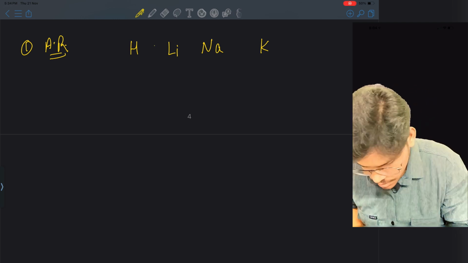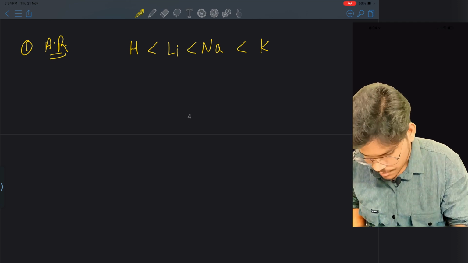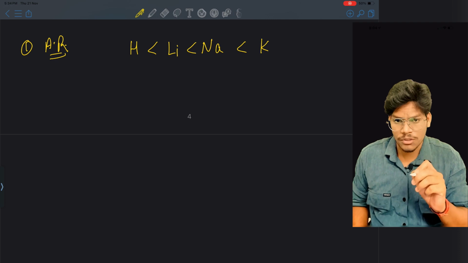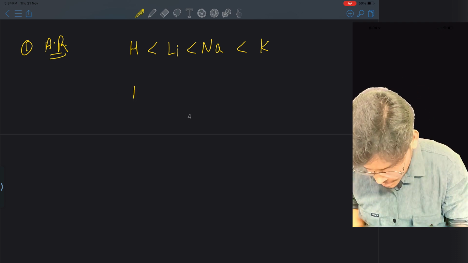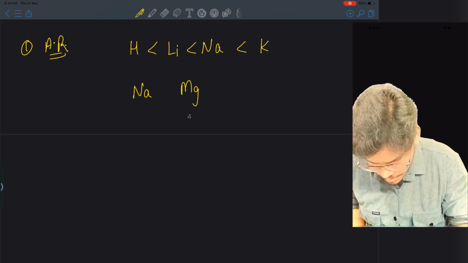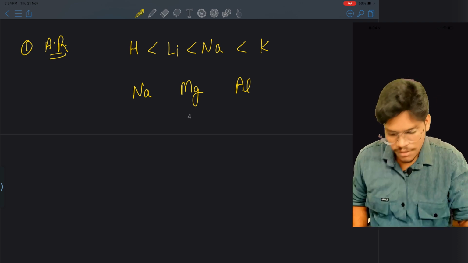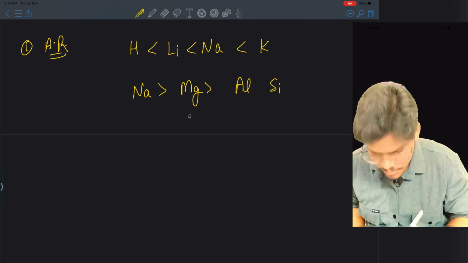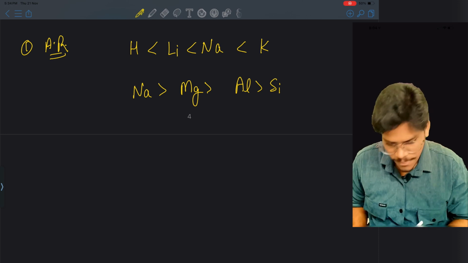So this will be increasing. Take another example: sodium, magnesium, aluminium and silicon. So it will be decreasing. Okay, as simple as that.